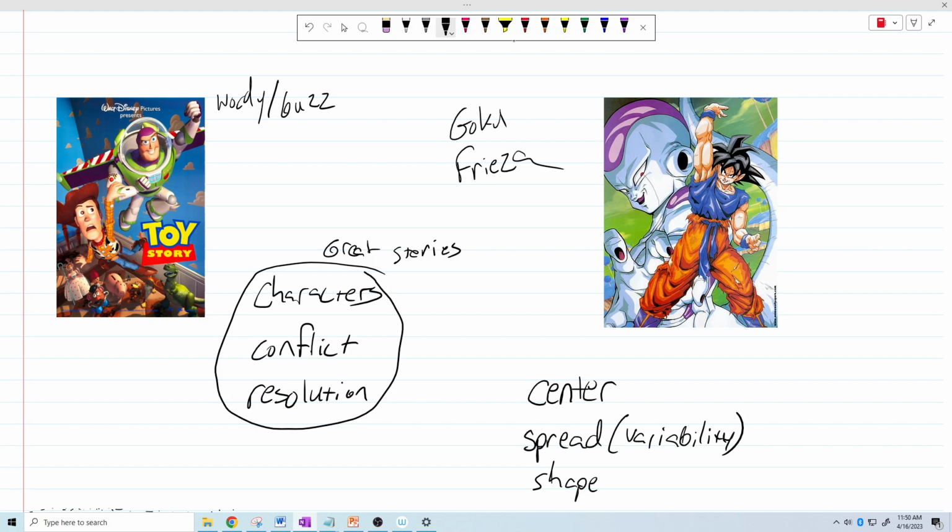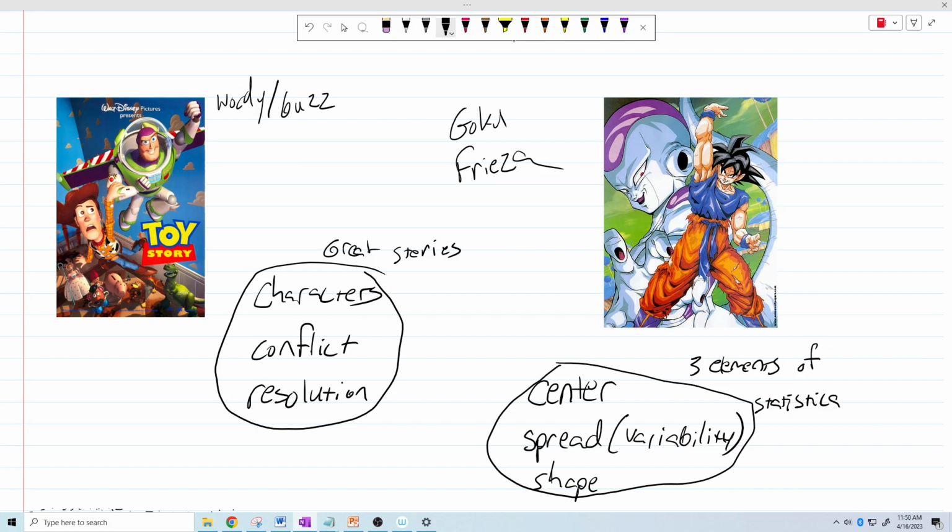Let me talk about those here in a second. But these are the three elements of statistical stories. Remember these, for you will hear these terms over and over and over again.